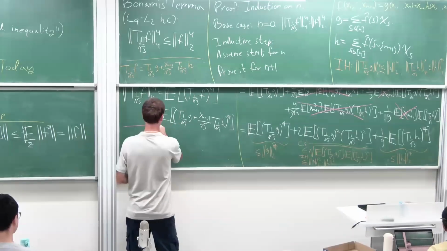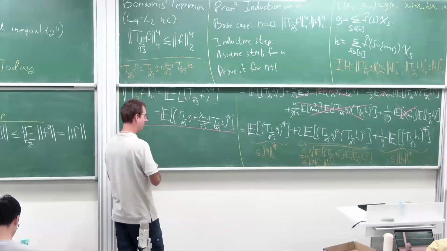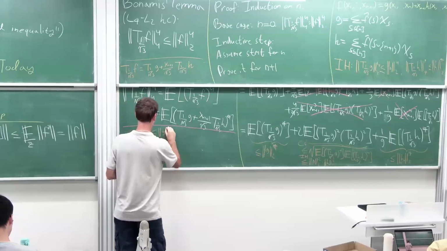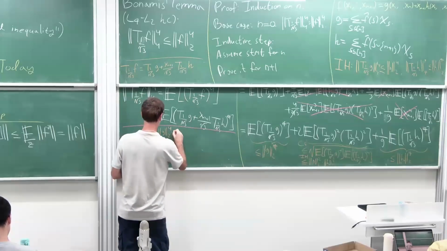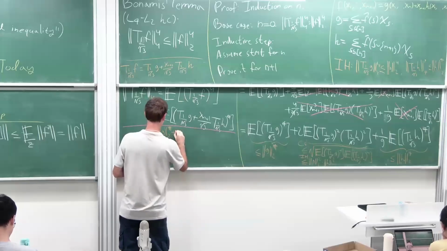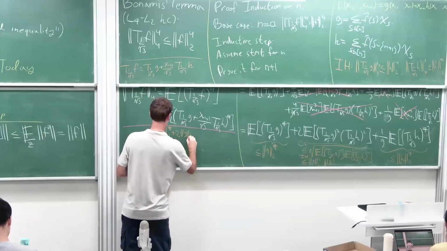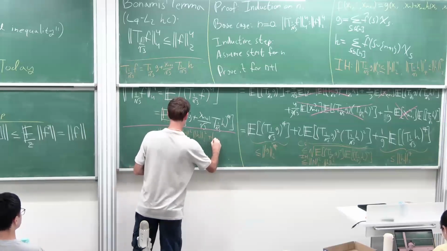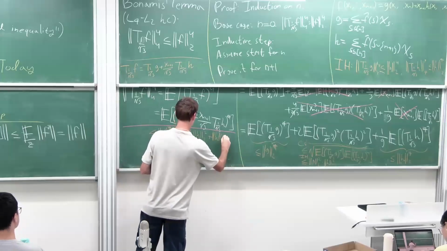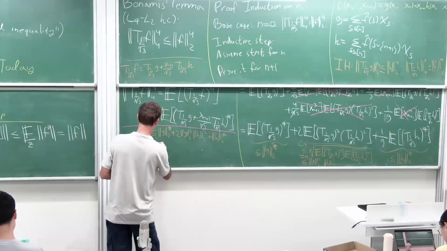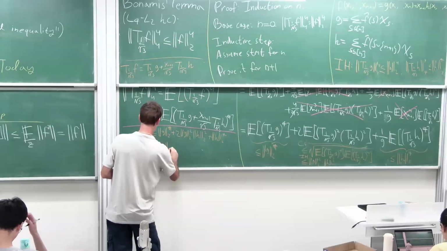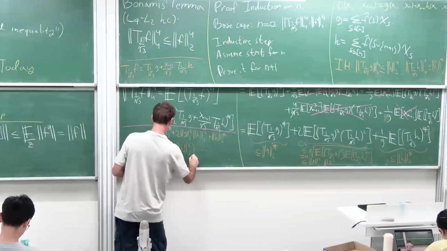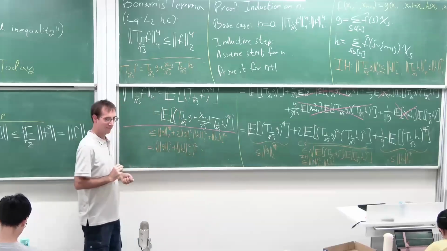So now we summarize everything. What we got is that this is at most ‖g‖_2^4 plus 2‖g‖_2^2‖h‖_2^2 plus ‖h‖_2^4, which is (‖g‖_2^2 + ‖h‖_2^2)^2.